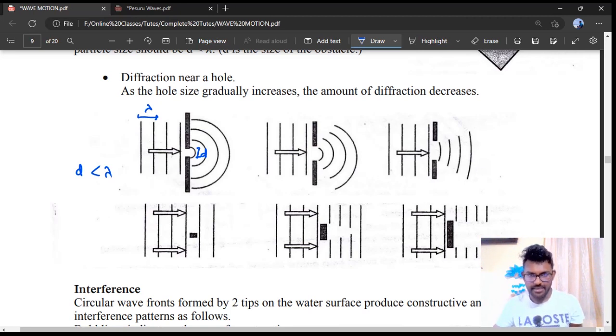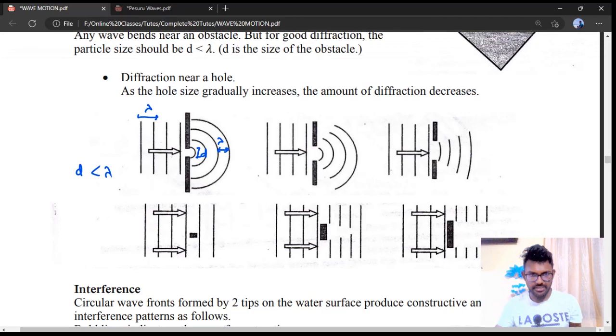Something interesting is happening here. Whatever the lambda you got here, the same lambda can be seen here. It is not changing the frequency or the lambda, so it shouldn't change the velocity.